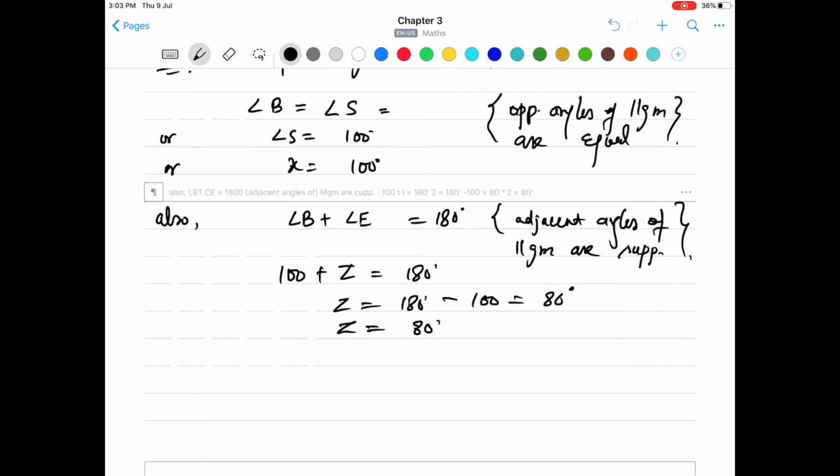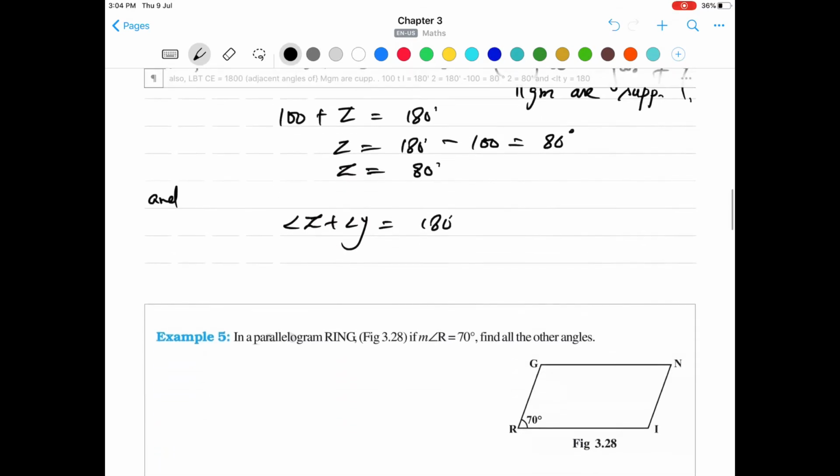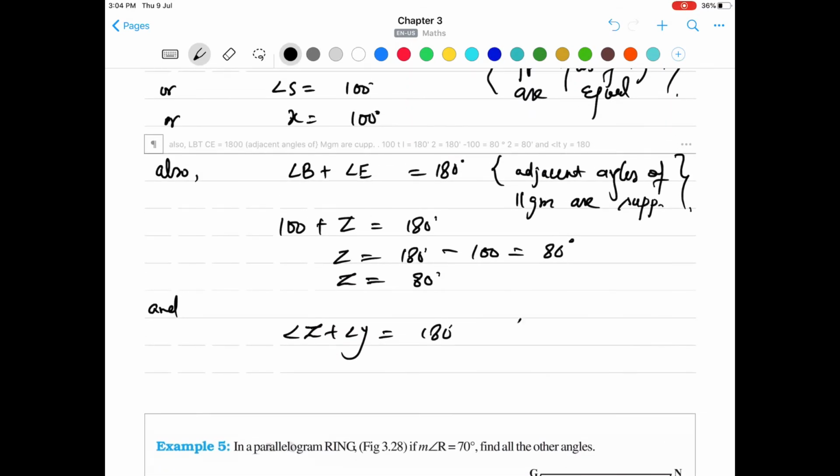So I'll write angle z plus angle y will be equal to 180 degrees, because these two angles are forming a linear pair here. So angle z we have calculated here.